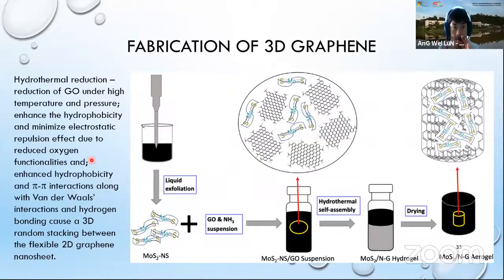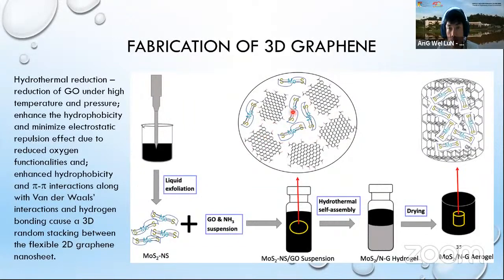So when there is less repulsion between the graphene layers, they come closer to each other, where at a later stage, because of the enhanced hydrophobicity and pi-pi interactions, along with van der Waals interaction and hydrogen bonding, this will cause 3D random stacking of the flexible 2D graphene nanosheets.